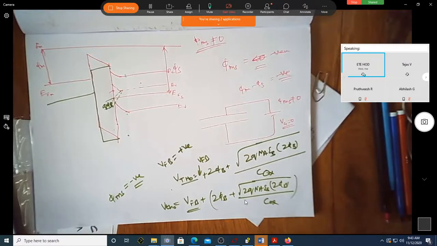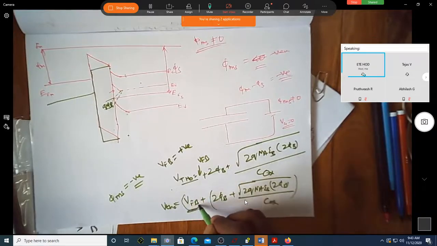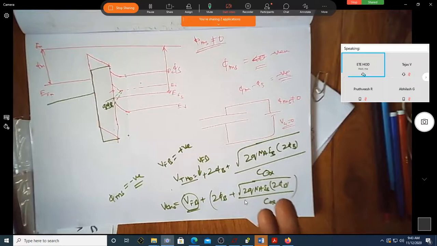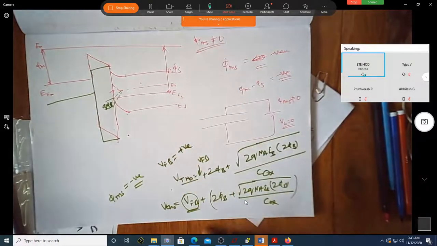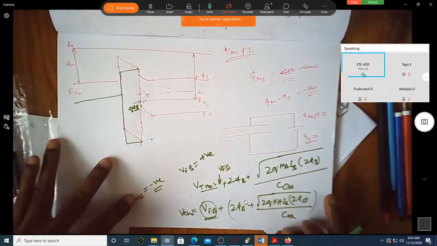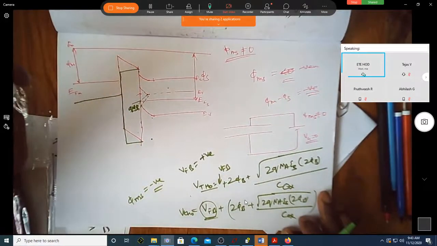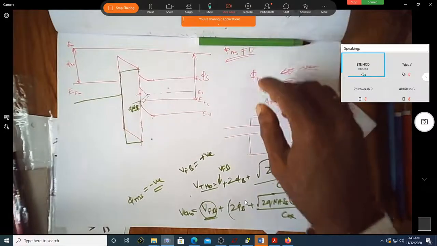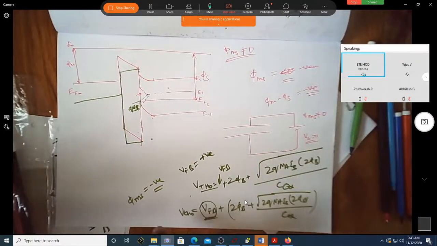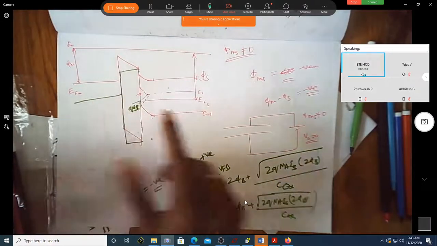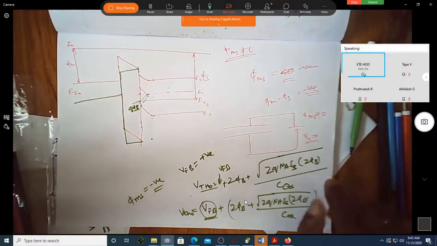If phi ms is positive, then your threshold, because this flat band voltage can be positive or negative. Let us see how it looks if phi ms is positive. Getting this point now? What is this, phi ms 0, phi ms negative? Okay, how may things look if phi ms is positive?